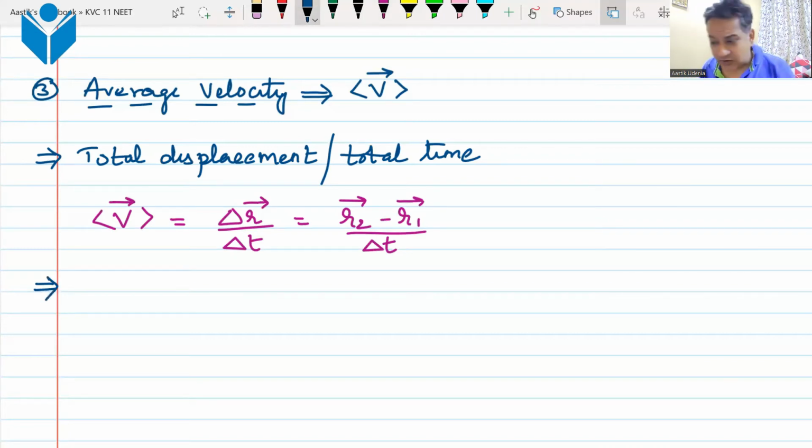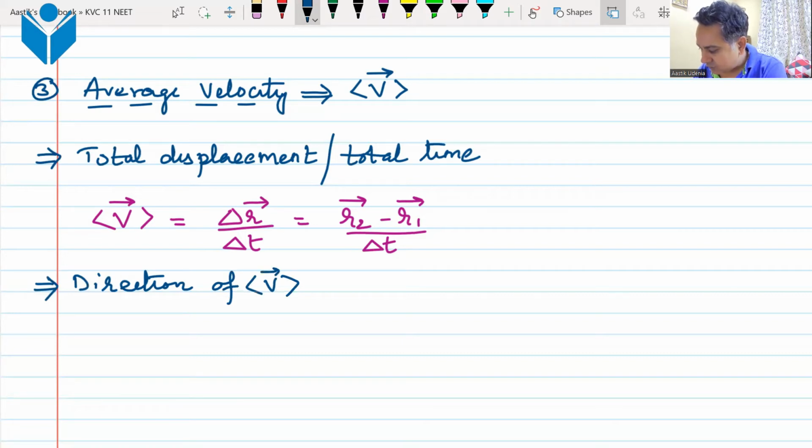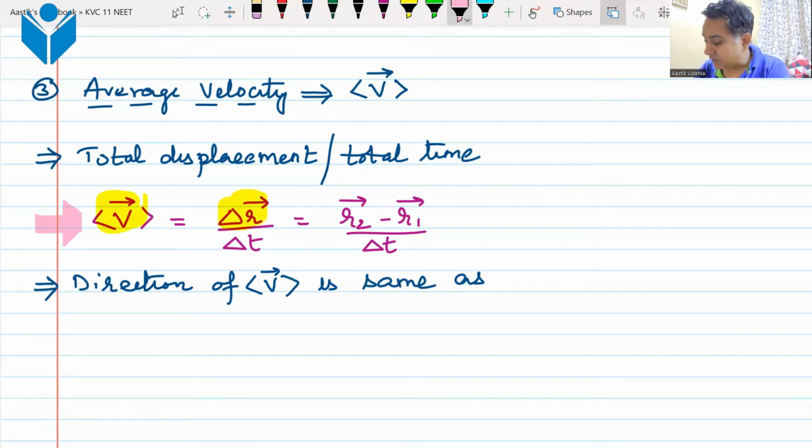Now again, average velocity is a vector. What is the direction of average velocity? Direction of average velocity is the same as, you can see here in this equation, average velocity is total displacement. The only two vectors here are this one and the other one, because time is a scalar. Therefore, you are expressing one vector in terms of the other vector.